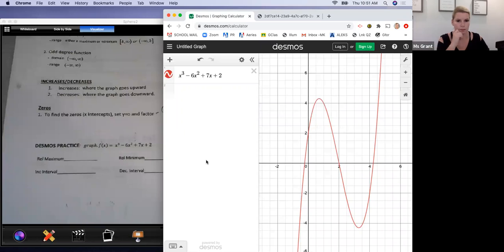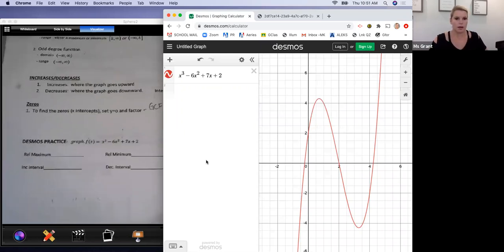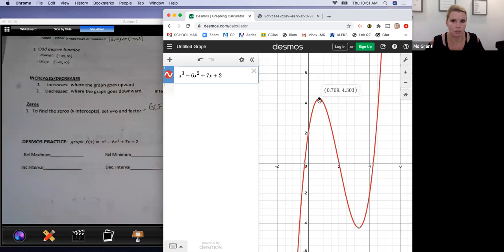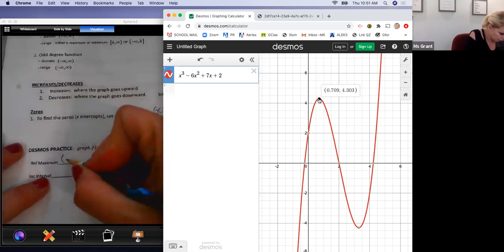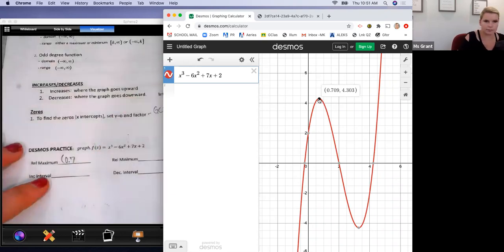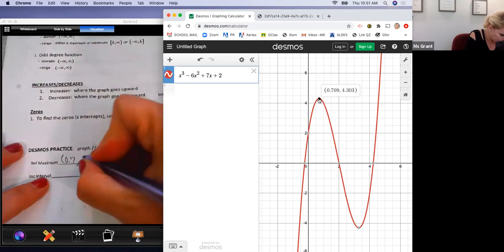Now, the relative maximum, the high point. Where does my graph top out? The high point, turning point, right? There. Okay, here we go. 0.7, 4.3. Let's do it in a color.